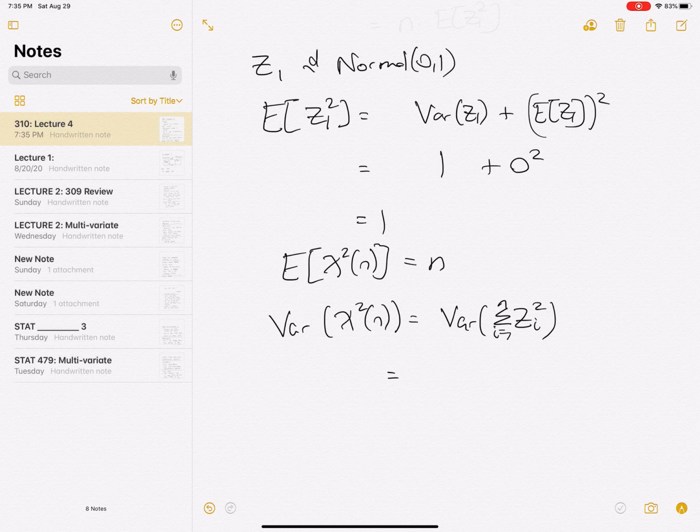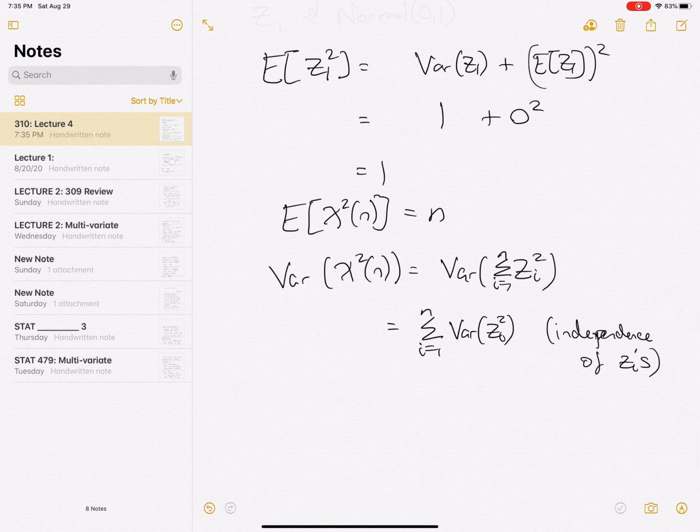Once again, we can bring this variance inside because we have independence. This is by independence of these Zi's. And so once again, we can just write it as n times the variance of Z1 squared.